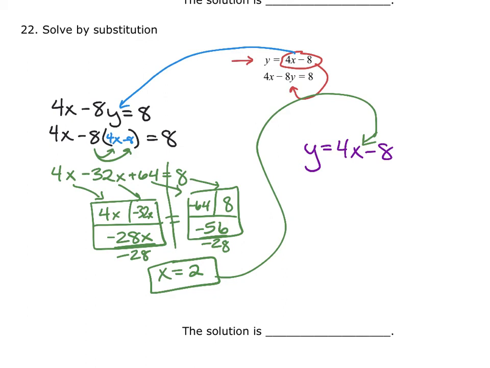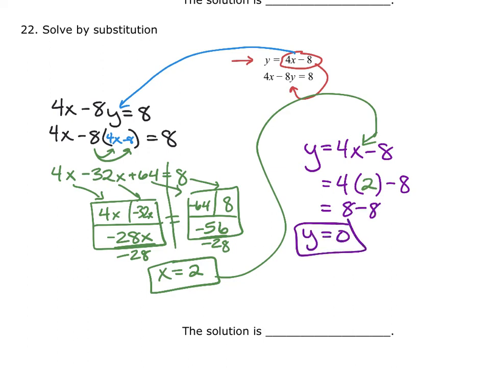So this should say 4 times blank equal to negative 8, and that blank is 2. Well, 4 times 2 is 8, and 8 minus 8 is 0. So we know that our second part of this coordinate is 0. Our solution is 2 comma 0, x comma y.